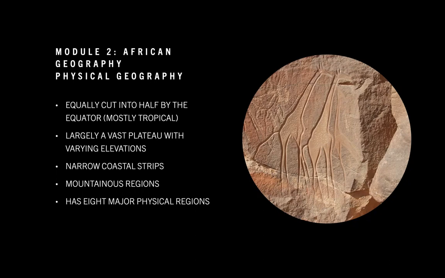So largely it's tropical. Then on its other parts, there are large or vast plateaus with varying elevations. It's also known for having narrow coastal strips, mountainous regions, and meron pong kinikilalang 8 major physical regions ang Africa.